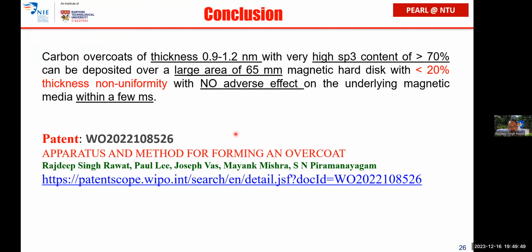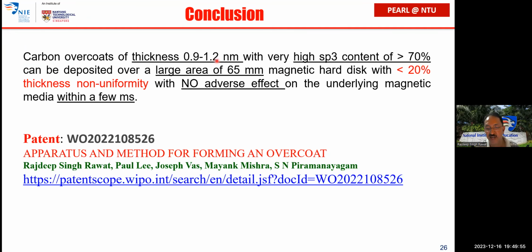We successfully deposited the film with a thickness within the range of about 0.9 to 1.2 nanometer. The target was a nanometer, and we achieved it. The target for sp3 content was greater than 30%, and we actually achieved greater than 70%. And we successfully achieved a large area coating, that means on a 65 mm platter, with the coating uniformity for the 1 nanometer film being 20%.